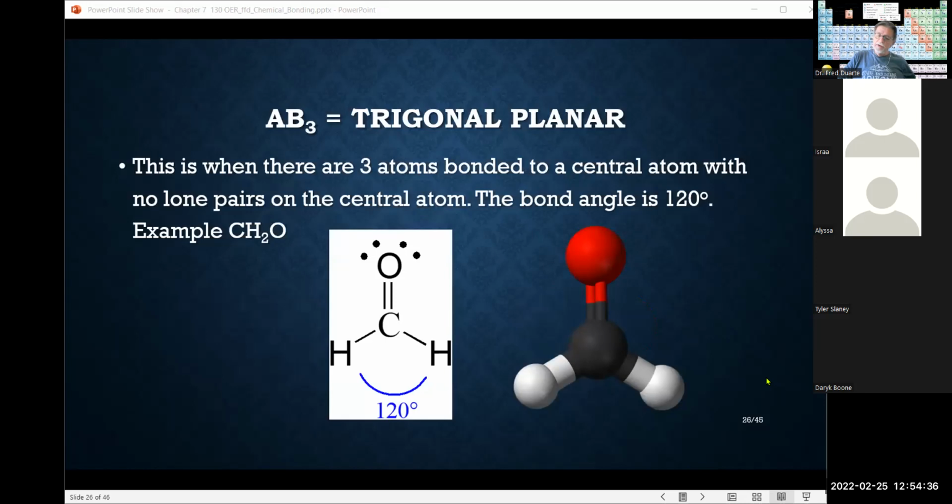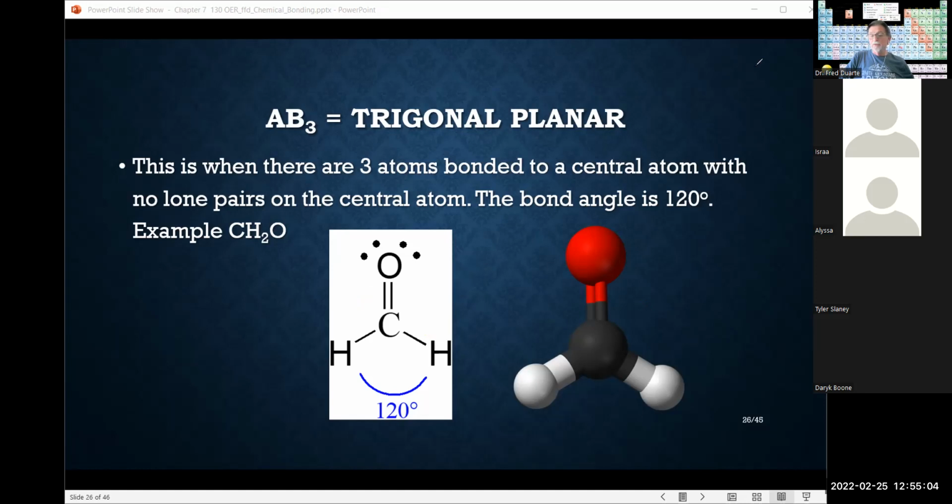The AB3 generally has a central atom with three atoms bonded to it, and the bond angle is 120 all the way around. You can see here, the bond angle is 120, 120, all the way around. This is the structure for formaldehyde, FYI.